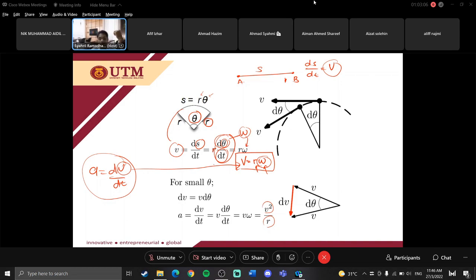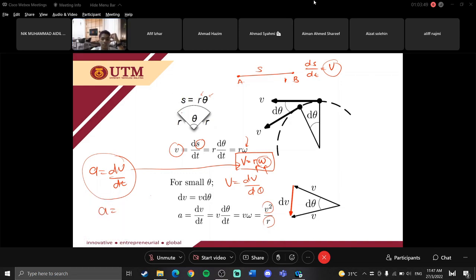So if we choose a equal to dv over dt, then dv over dt is actually dv over d theta times d theta over dt.